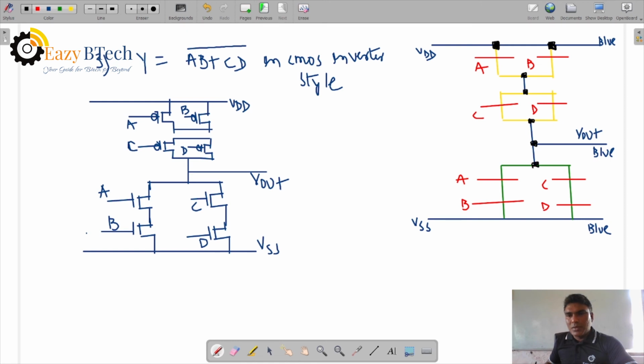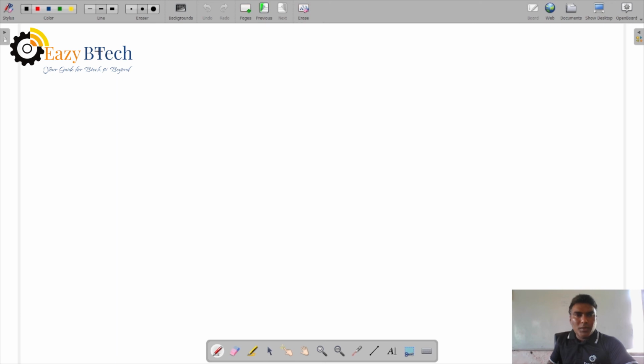Here also an interconnection point. You can see here also the contact area block. So this is the complete stick diagram for this logic in CMOS inverter style. Let us do one more thing: design a CMOS NAND stick diagram.